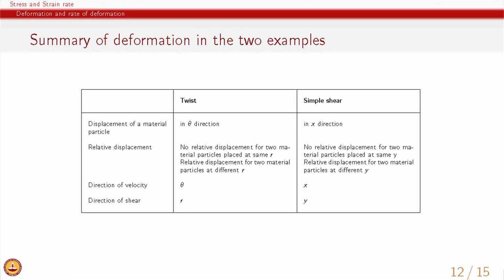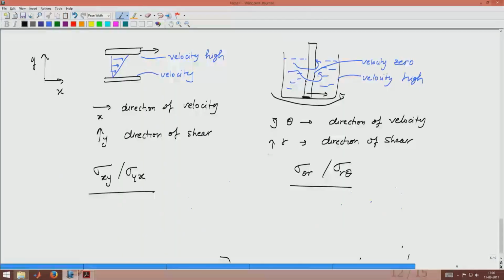So, for example, if I take 2 points which are a little bit away from each other, but they are at the same r, points at same r have the same velocity.